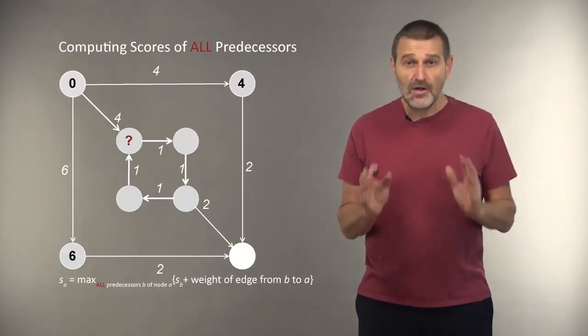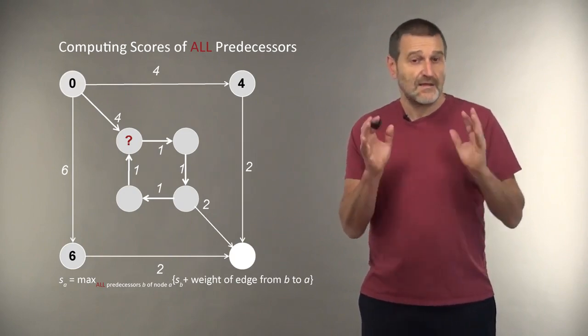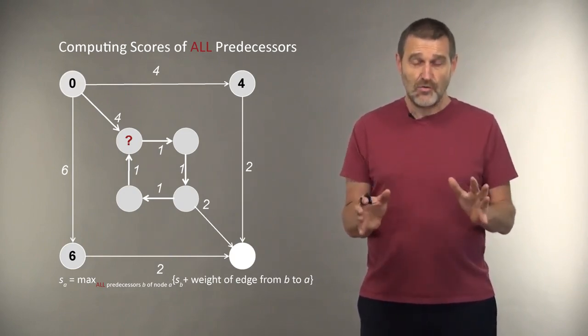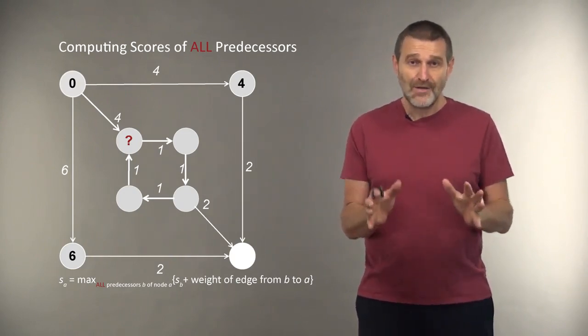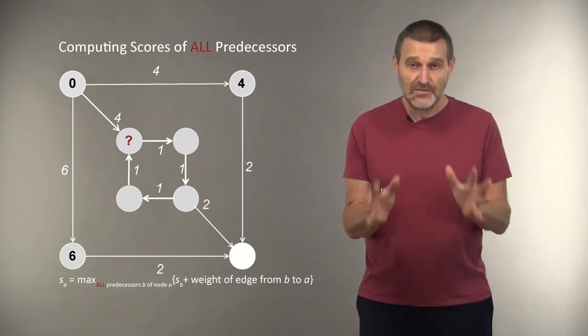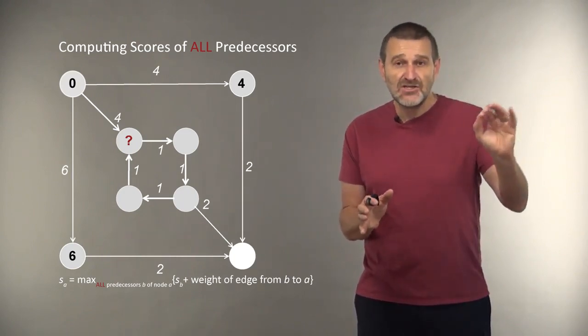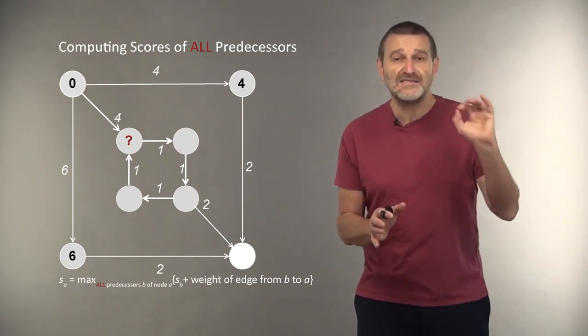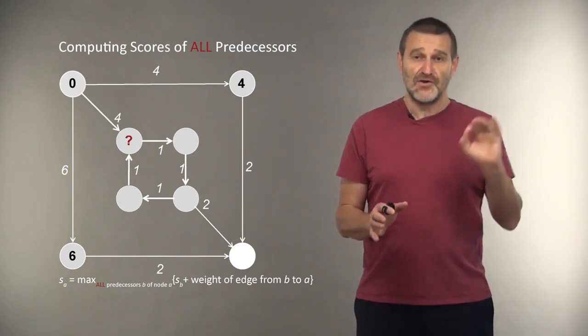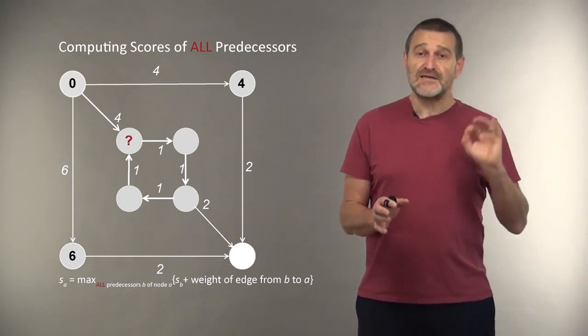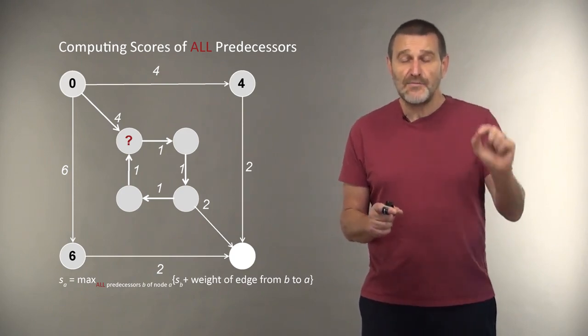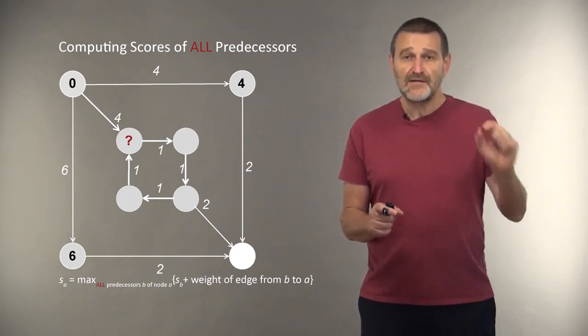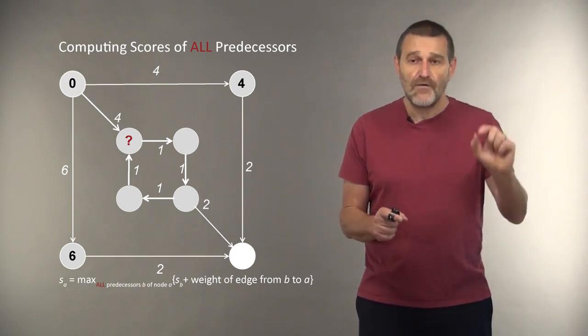We have now learned that to compute a score at a given node, we need to consider all edges entering this node. And the initial vertex of each such edge is called a predecessor of a given node. And therefore, the recurrence for computing the longest paths in an arbitrary graph will be the following one.